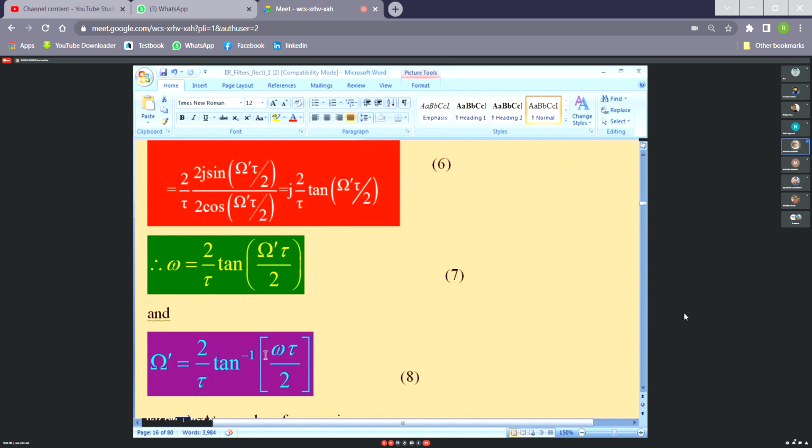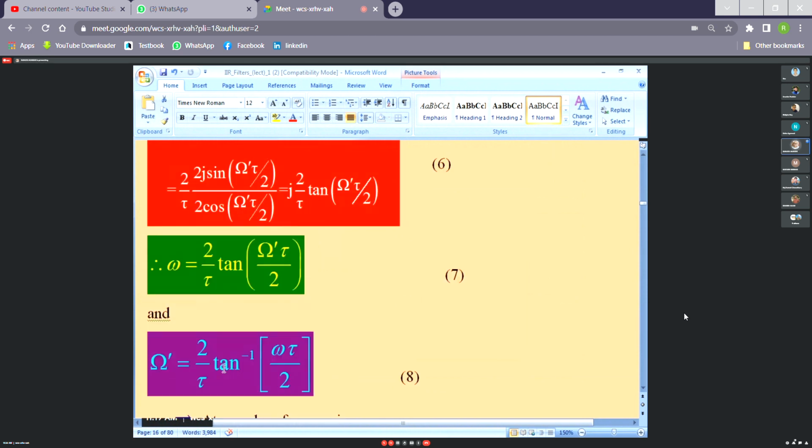So from small omega, you get capital omega prime. As you move from analog filter to digital filter by bilinear transformation, distortion takes place in accordance with this relation 8.